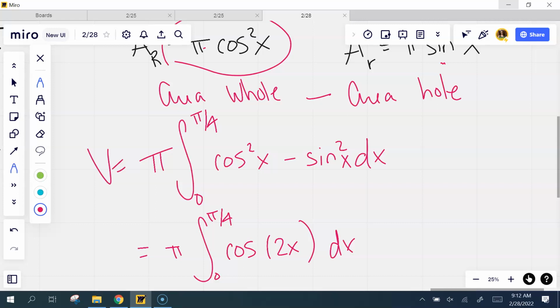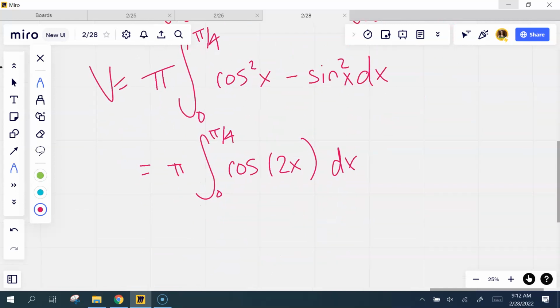I'm trying to think if there was a way you could get there from 1 minus sine squared, 2 sine squared, 1 minus 2 sine squared. Sine squared plus cosine squared is 1. But cosine squared minus sine squared is cosine 2x. Okay, so now this becomes an easy problem, right?